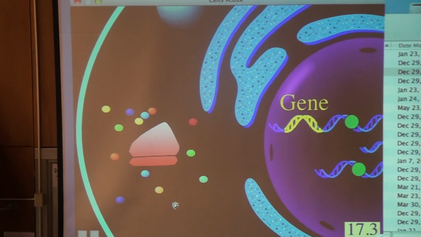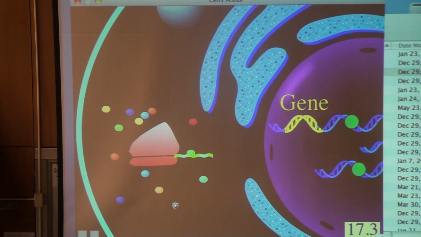In transcription, a temporary disposable copy of the gene is made that's called a messenger RNA, or mRNA for short. And that RNA copy of the DNA gene is sent out of the nucleus. Notice the nucleus has little holes in its membrane, and goes to the ribosome out in the cytoplasm.